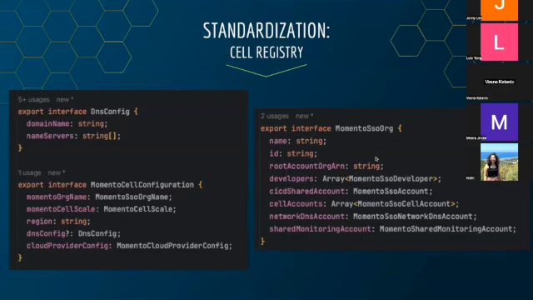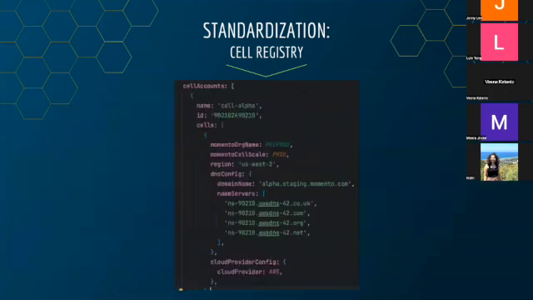And then on the right-hand side, we have this interface that we call our org. The important part of this is that one of the fields in it is called cell accounts, and it's just an array of this cell configuration over here. So this is a very simple model that we created to allow us to keep track of all the important details that we need to know about any of the cells that we're operating. Using this model, we can build out a data structure, here's that cell accounts array.